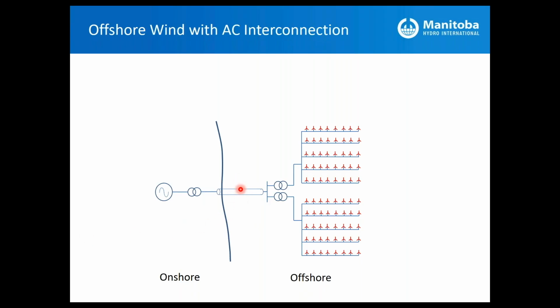You might need additional reactive compensation in between. So the export cable is broken in the middle of the span between the onshore and offshore station. You might have an intermediate station here with shunt reactors, a combination of fixed and variable reactors, so that at different power injection levels, you might need to vary how much reactive power you absorb in order to make sure the voltages are not exceeded.